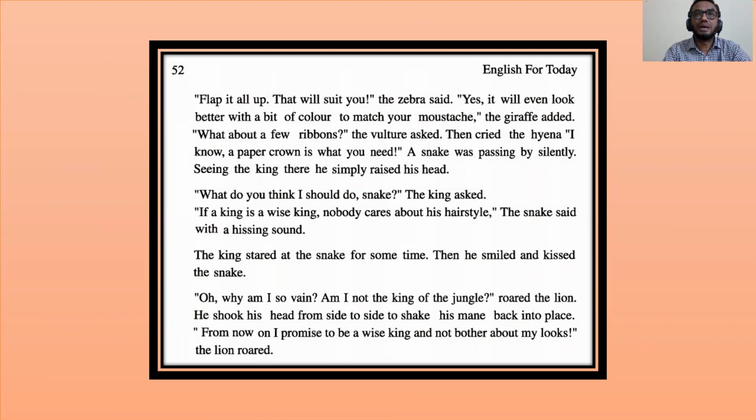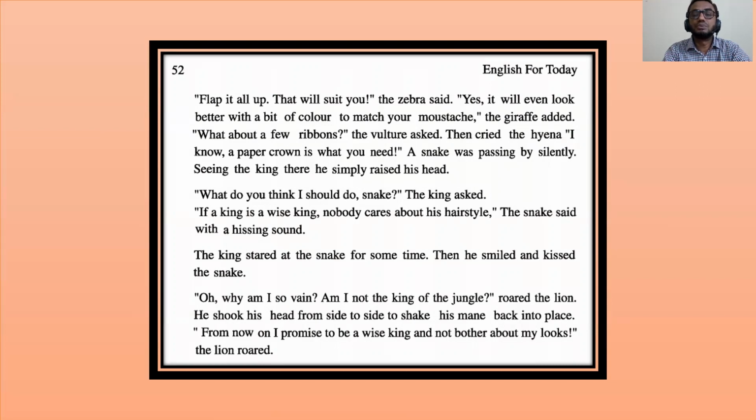What do you understand reading the passage? What is the moral of the passage? That means some of the people of our society think that their appearance is the most important thing of their life.